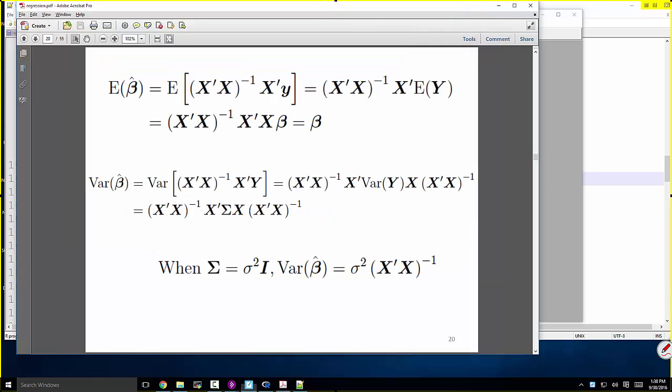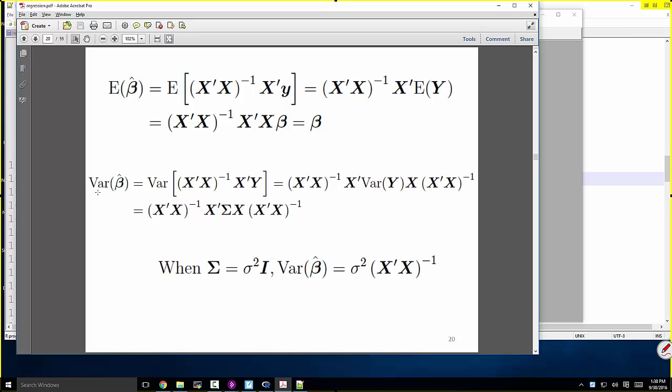So in this expression, expected value of beta hat is pull the constants out and have just left expected value of y. And according to our model, the expected value of y is x beta. Now we have an x transpose x inverse next to x transpose x. Those cancel out. We have that beta hat is unbiased.